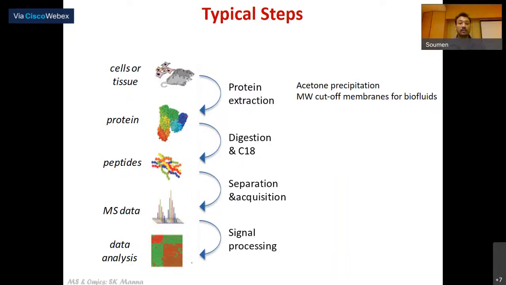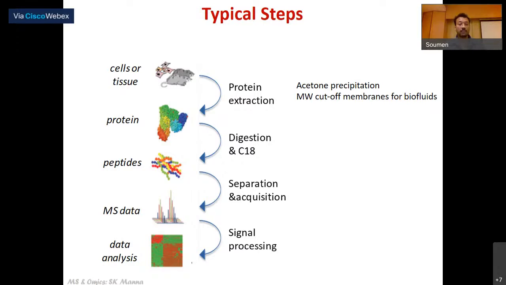So oftentimes, while you are doing that, you have to deplete your abundant protein pool, and there are immunodepletion columns available, which can deplete, let's say, serum albumin, globulin, etc. And then once you have your so-called treated protein matrix, depleted and cleaned up, then you can do some sort of digestion and desalting, and that will produce peptides.